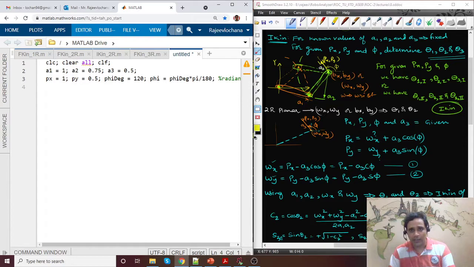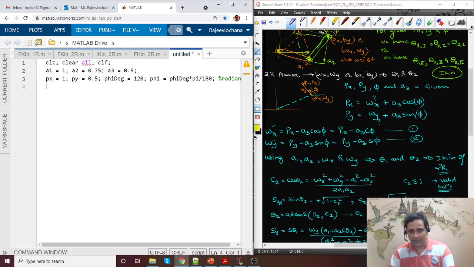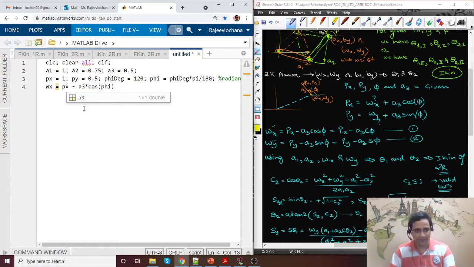Now after we know px, py, we have to get the terms wx, wy, or bx, by. Let us use the terms wx, wy. The wx, wy terms are mentioned here below in equations 1 and 2. wx is px minus a3 into cos of phi. That is where it is important.